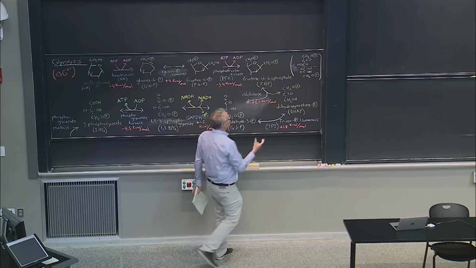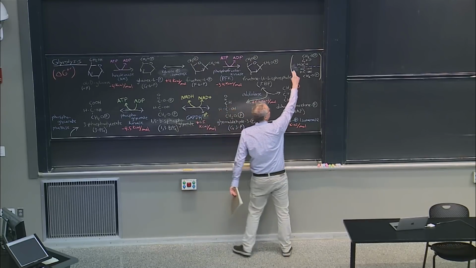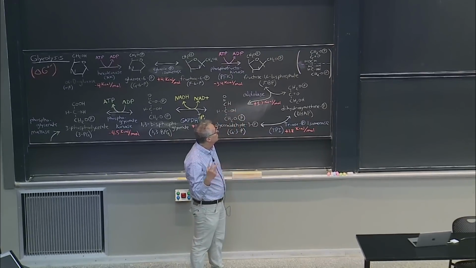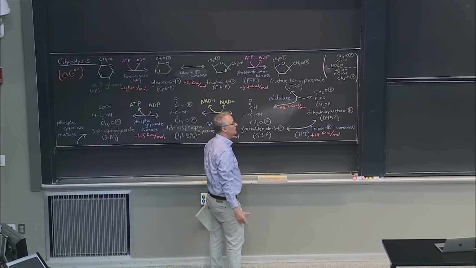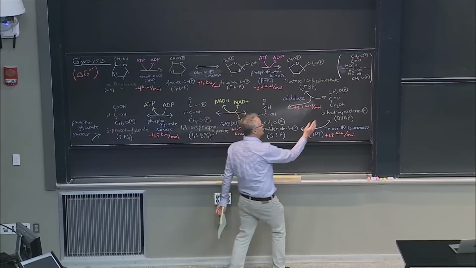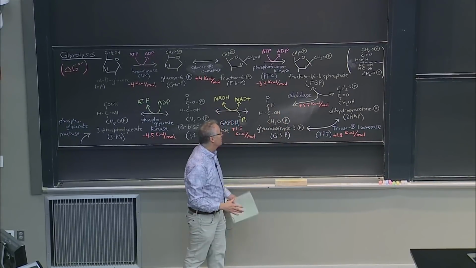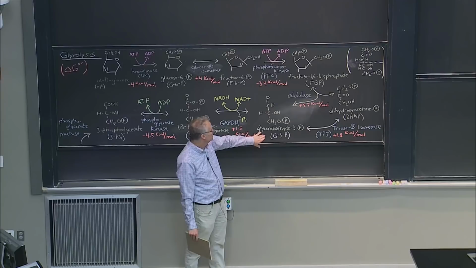Cleavage takes place in the open chain form, which I drew up here in the corner, basically splitting the molecule in half to form 2 trioses, one of which is the ketose dihydroxyacetone phosphate, basically the top half of the molecule. The other is the bottom half of the molecule, the aldose glyceraldehyde 3-phosphate.